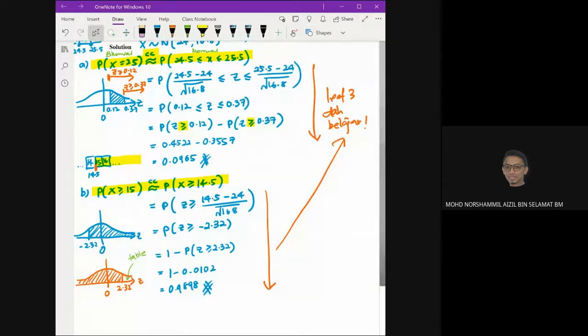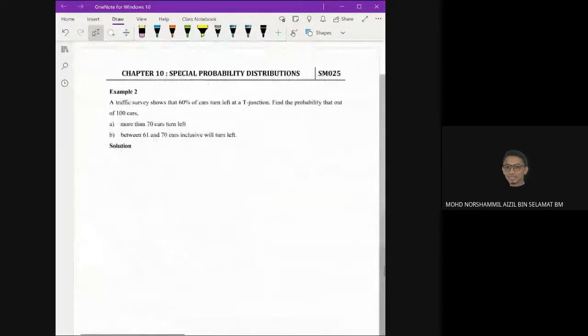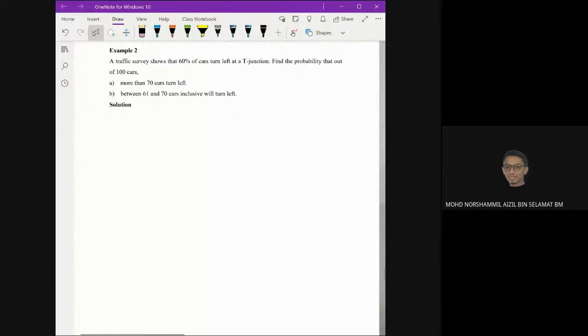Alright. So let's proceed with the second example. The traffic survey shows that 60% of cars turn left at a T junction. 0.6 turn left. Find the probability that out of 100 cars, so this is your n, guys. n is bigger than 50 already.